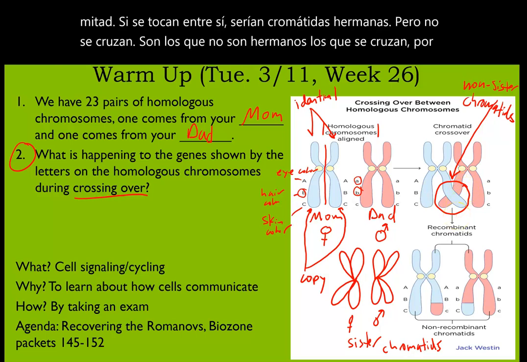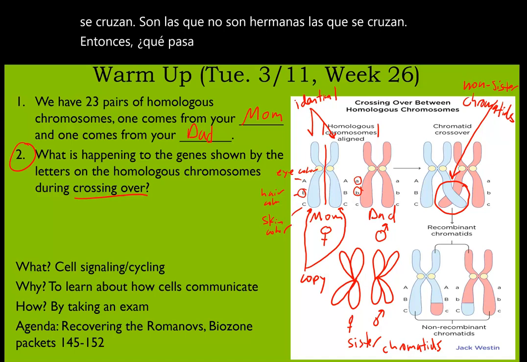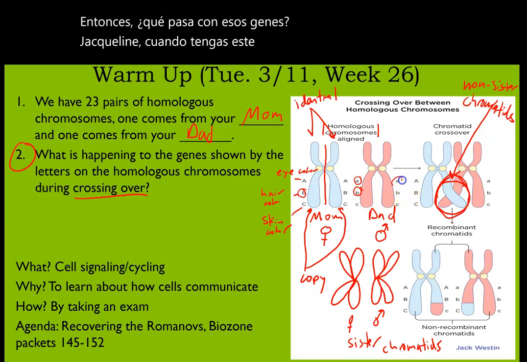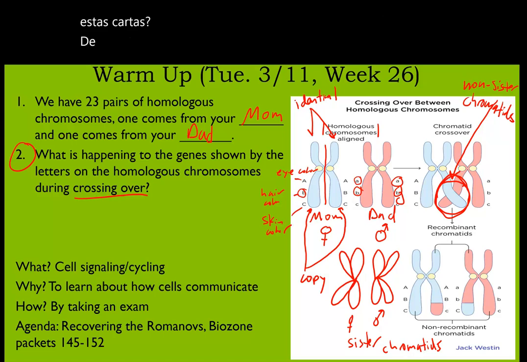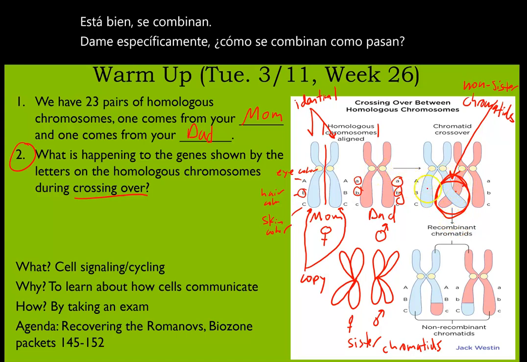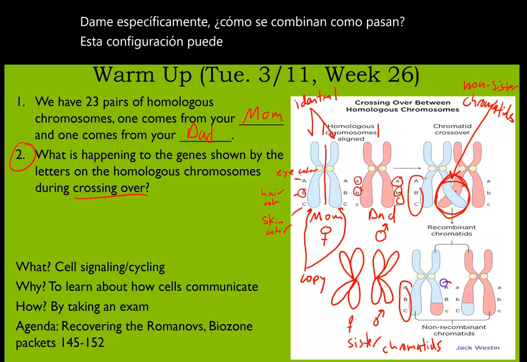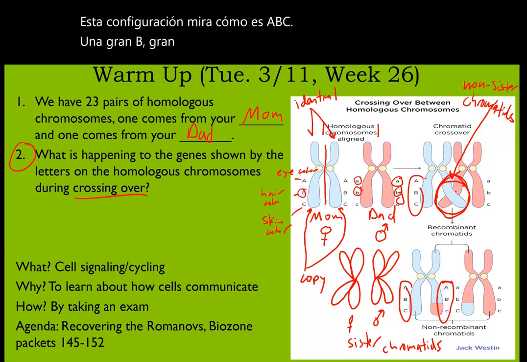So what happens to those genes, Jacqueline? When you have this crossing over right here, what happens to these letters? Okay, they combine. Give me specifically, how do they combine? Like they go from this configuration, see how it's ABC? Big A, big B, big C, to big A, big B, little c.